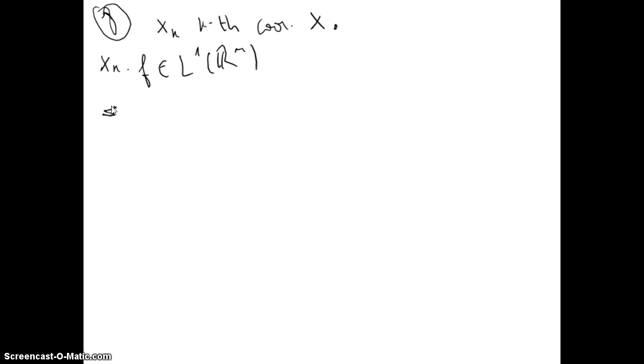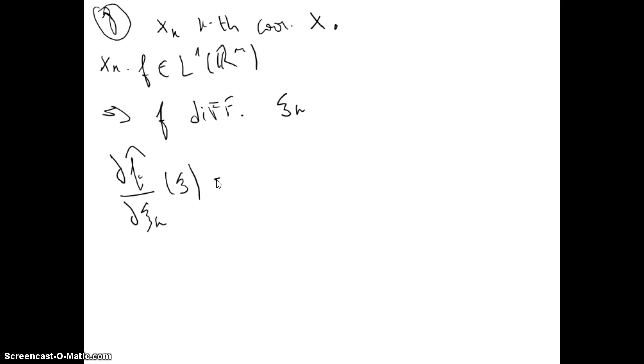Then the transform of f is differentiable with respect to psi k, and the partial derivative of the transform of f with respect to psi k equals the transform of minus 2 pi i xk f(x) at psi.